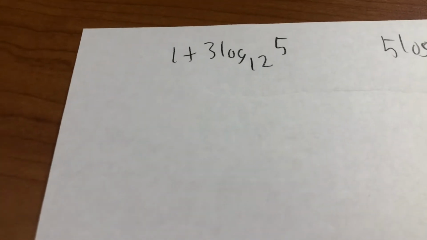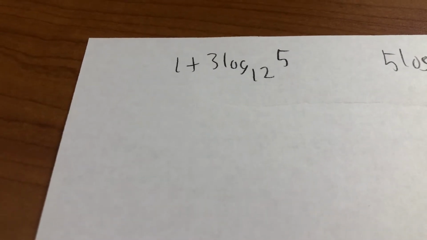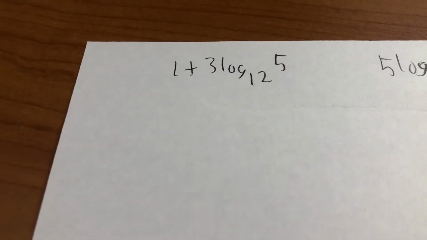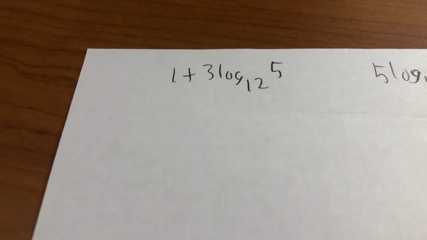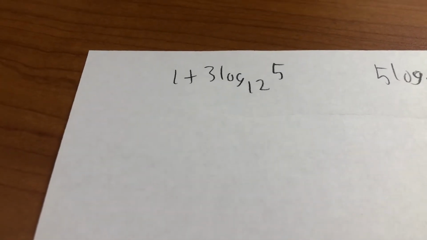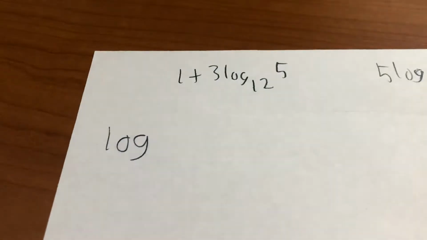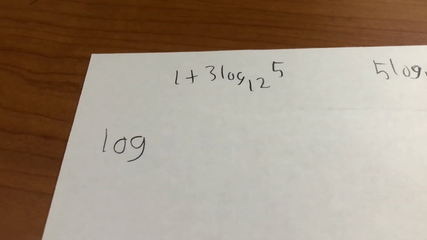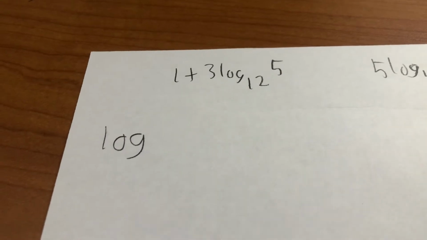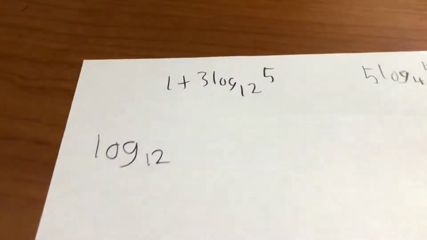Right off the bat we see that 1 there, and the 1 is the product of a matchy-matchy situation. So we start out with our condensed form with the base of 12.